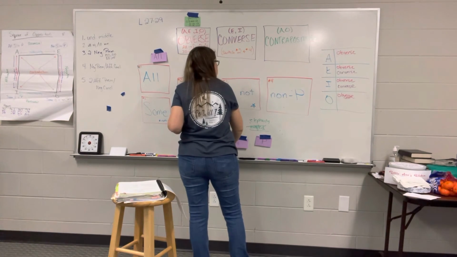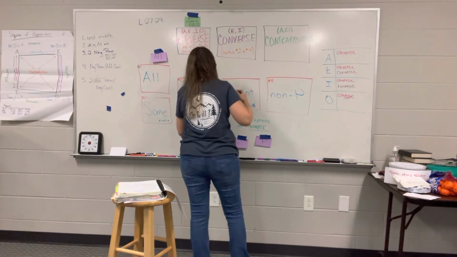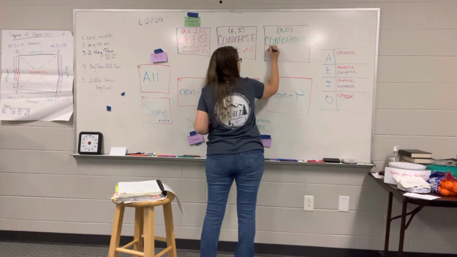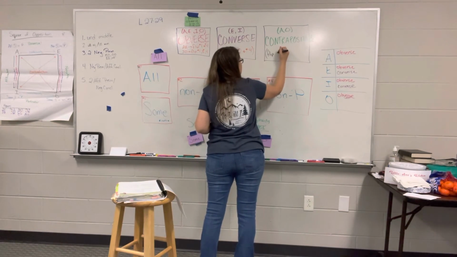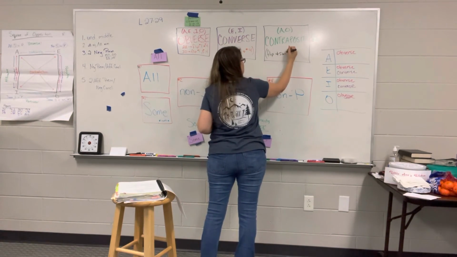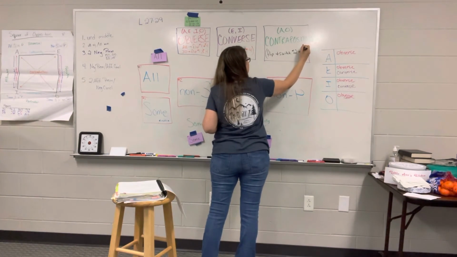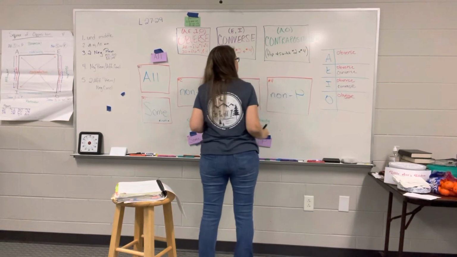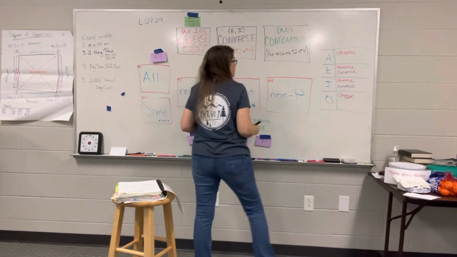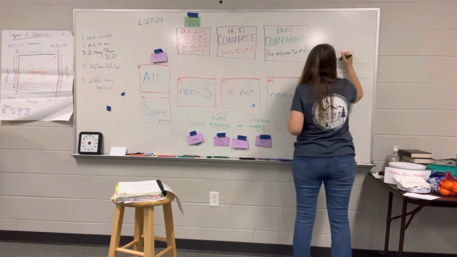And with this one, you are going to flip and switch number 2 and number 4. So A and O are contrapositive.